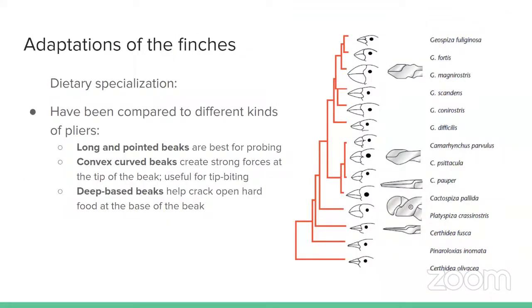So looking at the adaptations of these finches, the important thing to focus on for them is their dietary specialization. So like this figure I found in a paper that was comparing these finch beaks, which is really the trait people look at, although you can see that there's also variation in, for example, the eyes and some other structures.